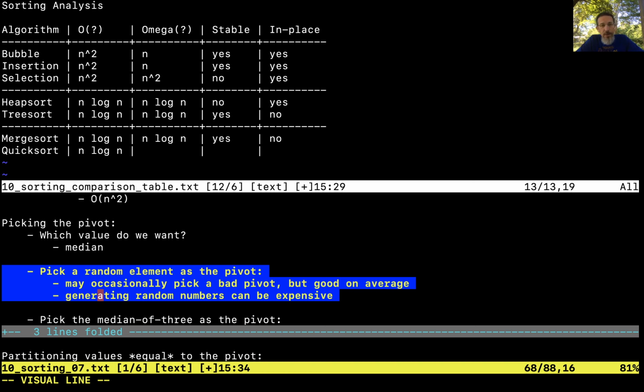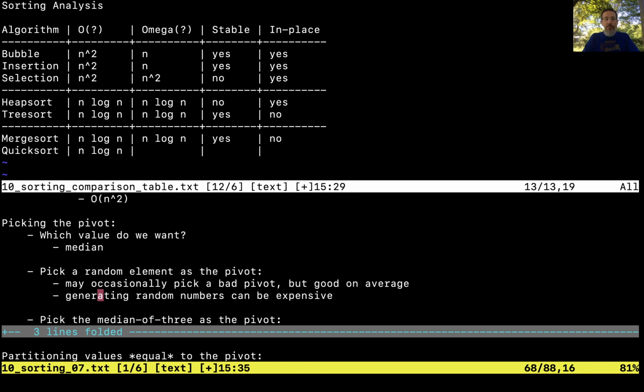Doing the analysis for this is a bit more than I would like to take the time to deal with right now, but picking a random pivot index is actually a pretty good strategy. The only downside to it, really, is that generating good random numbers can be expensive. So it's better to go with a deterministic strategy if we can.